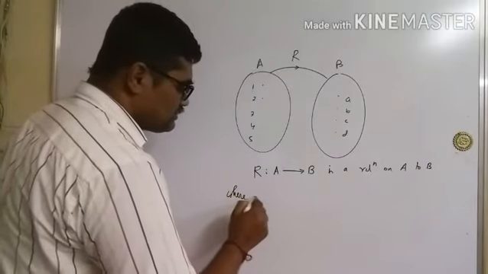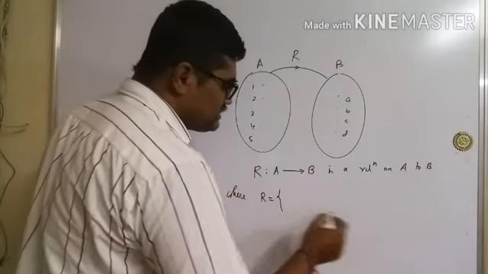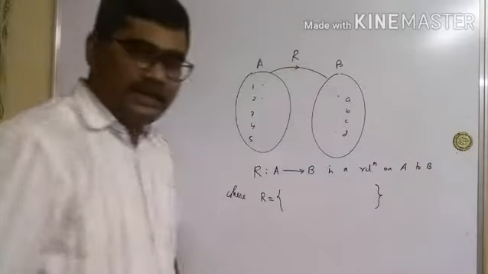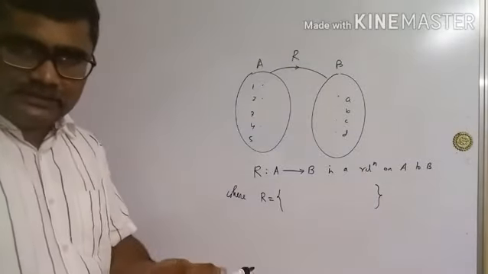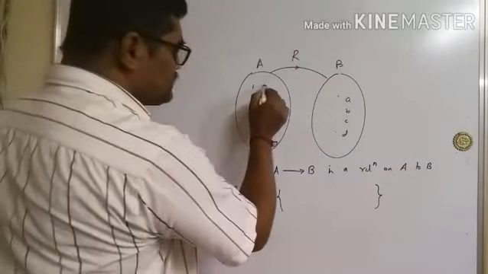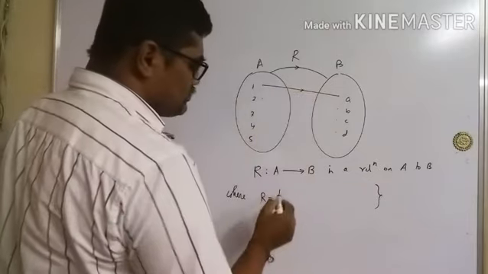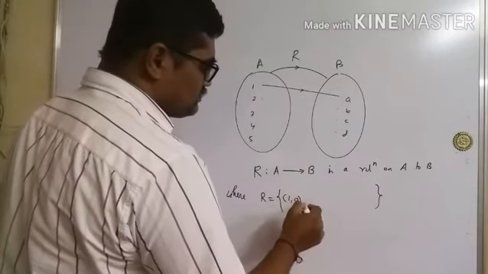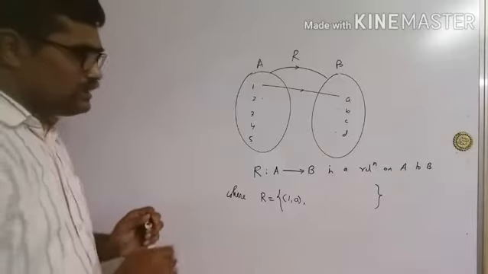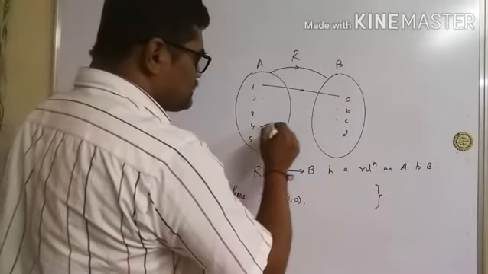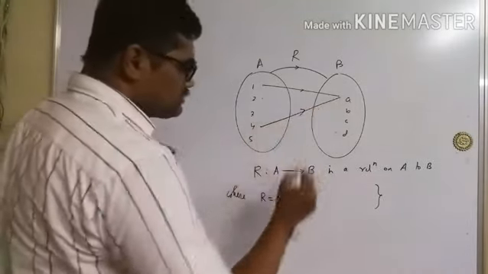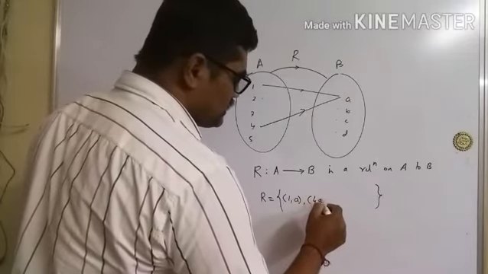where now this R is going to tell you exactly which elements are related. If I just say that 1 is related to A, so in R I should include 1A. If 4 is also related to A, I should write 4A.